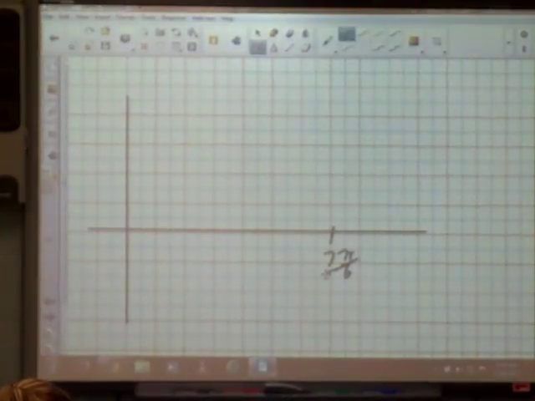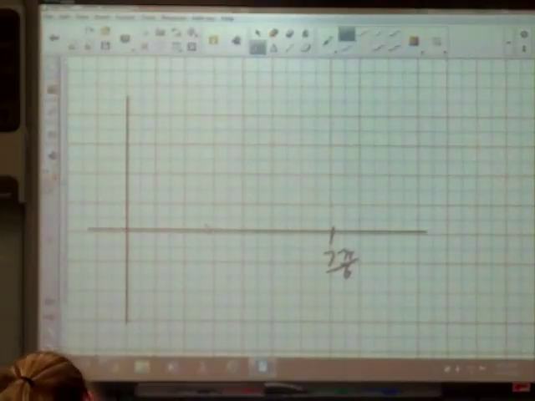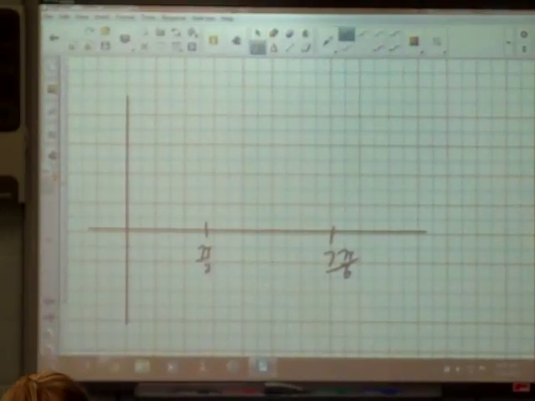Pi over 6, that's important. Got a pi over 2, that's important, and I'm just putting those on there, not actually measuring or counting or doing anything.